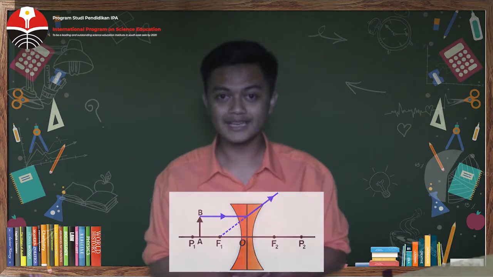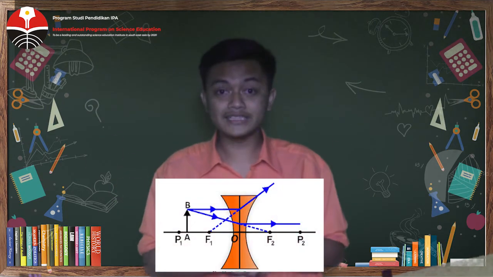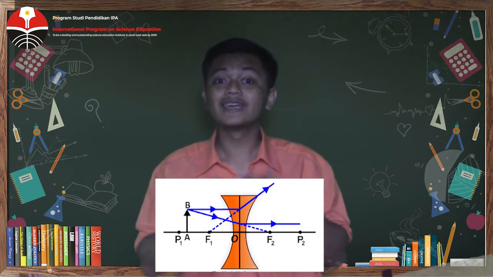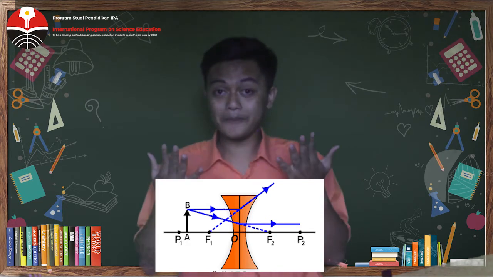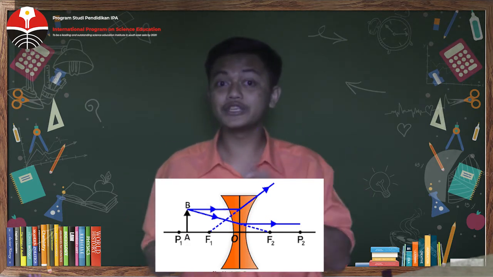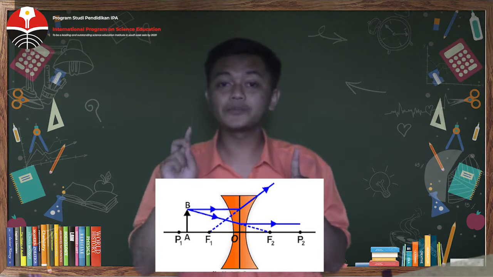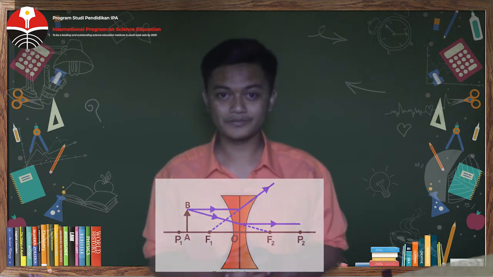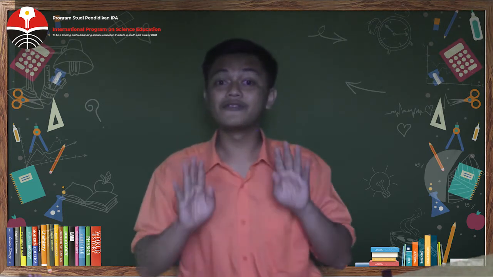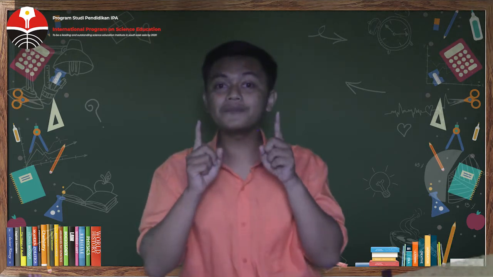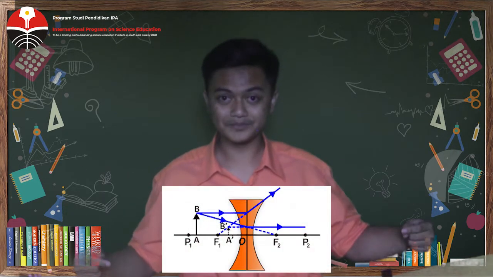After that, you add another special ray to the diagram to find the intersection between them. For example, in these pictures, I use special ray 1 and special ray 2. And then the fourth step is you will find the intersection between special ray 1 and special ray 2 in these pictures.